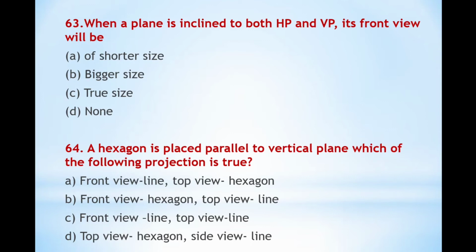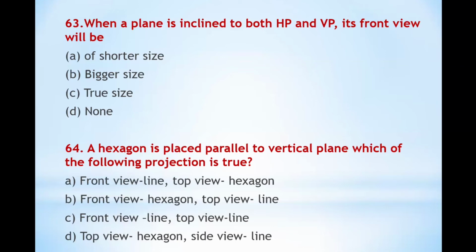Okay, so we'll see this back to this. When a plane is inclined to both HP and the VP, at that time we have already solved the problems on this. Whatever its front view is there and top view is there, both the views give the apparent shape of that respective plane. Okay, so what they have been asking here is its front view will be.